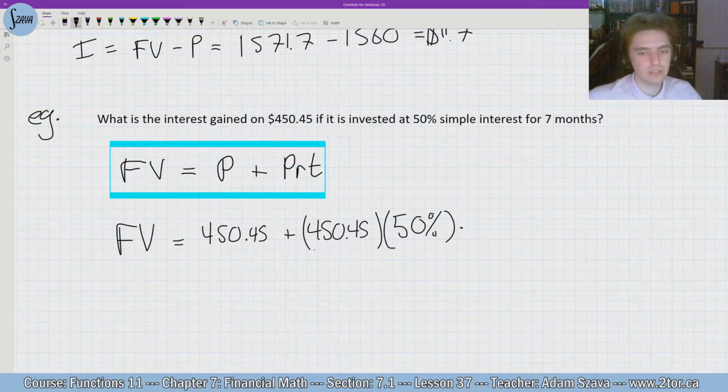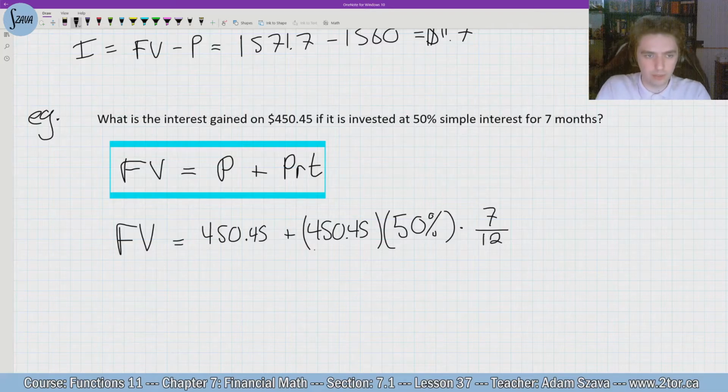So 7 months is some fraction of a year, right? You just have to remember that there are 12 months in a year, and 7 of them have passed. So 7 months is 7 over 12 years. And so that is the number you want to put there.